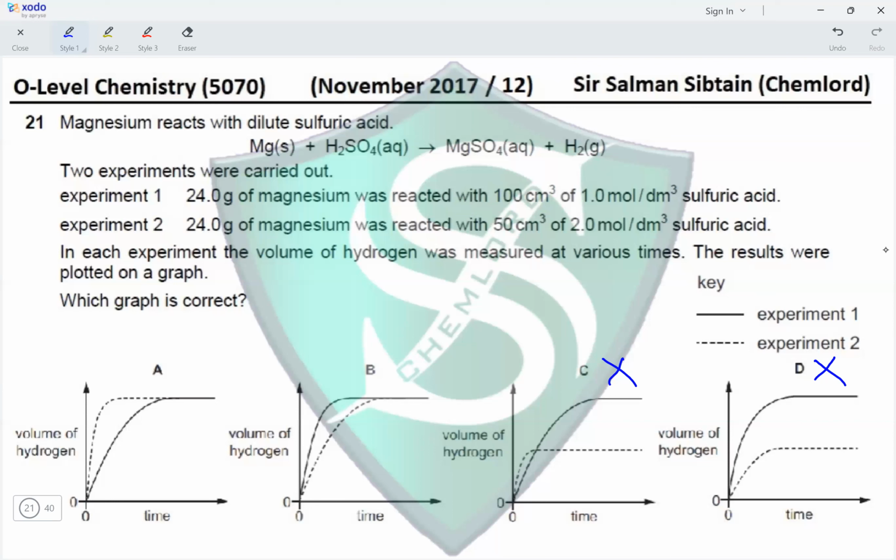However, since the moles of sulfuric acid are the same, the volume of hydrogen produced will remain the same. So in experiment 2, the concentration is 2 mol/dm³ compared to experiment 1, where the concentration is 1 mol/dm³. Therefore, experiment 2 must be quicker than experiment 1, showing that option A is the correct option for this question.